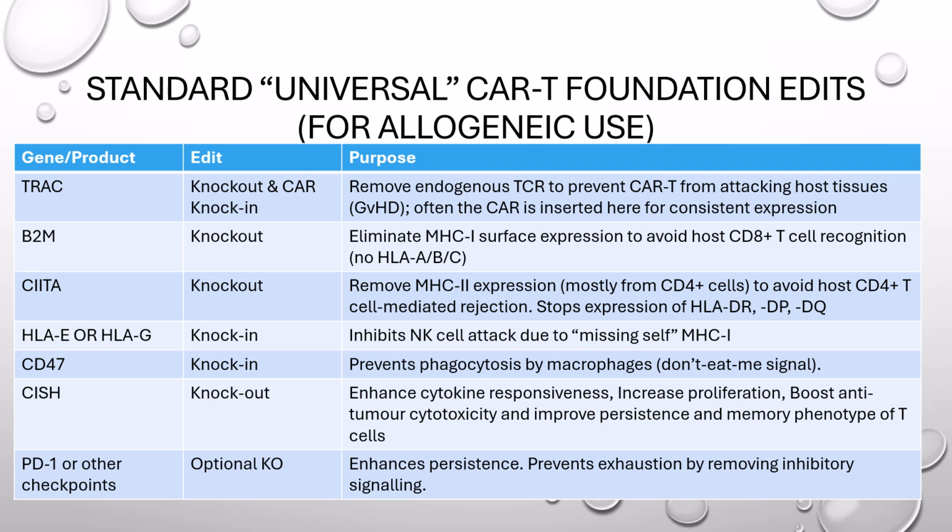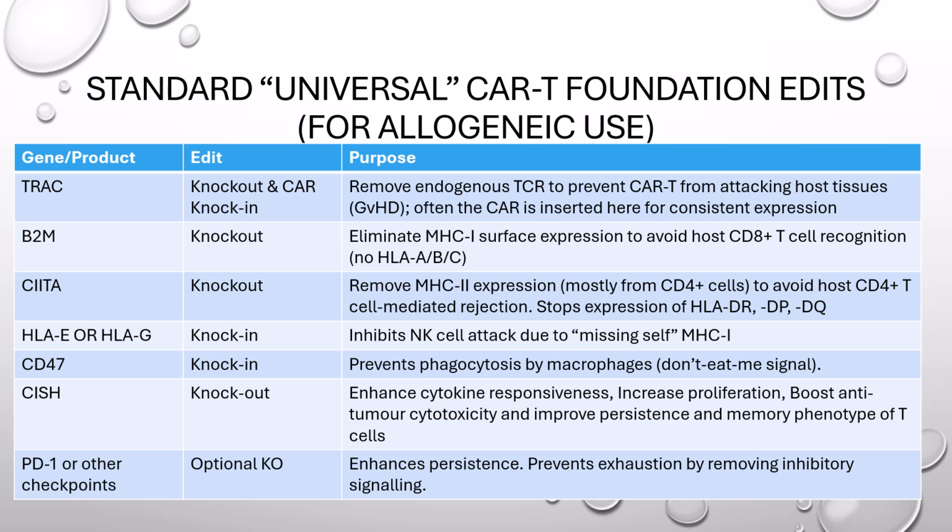Basically, we want to have an off-the-shelf product, and we don't want major histocompatibility class 1 surface proteins to be on the surface, in order to avoid your host CD8 T cells from recognizing them. So basically, we don't want HLA A or B or C. We want to knock them out so that the product remains invisible to your recipient, the patient's immune system, and it can act without actually being removed itself.